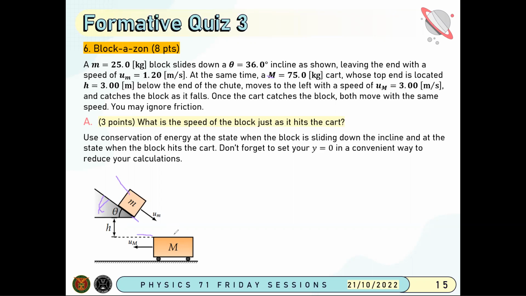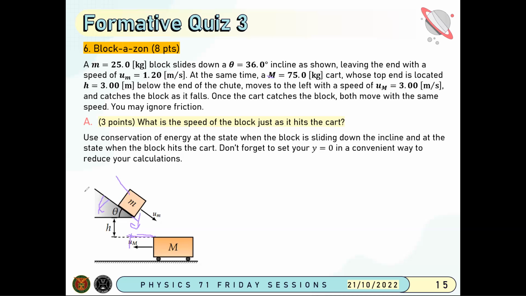This cart moves to the left with a speed of u sub big M of 3 meters per second and catches the block as it falls. Okay, so magka-catch sila. Once the cart catches the block, both move with the same speed. So para din siyang collision.